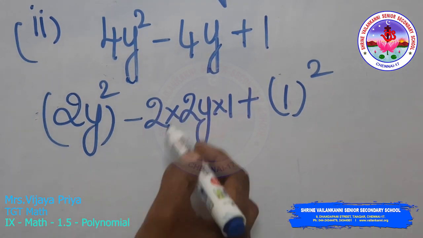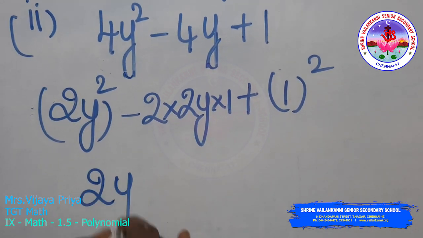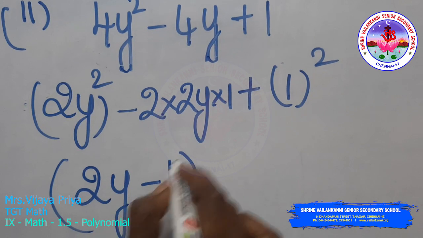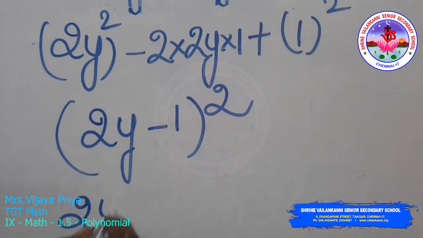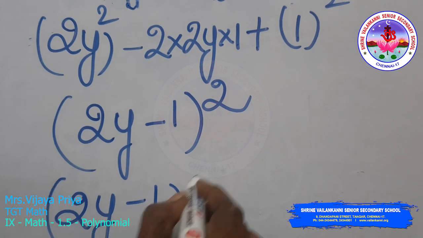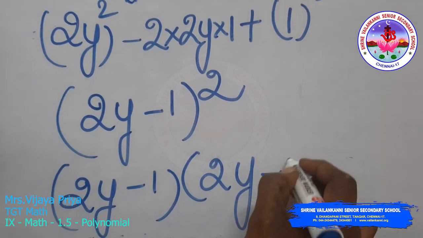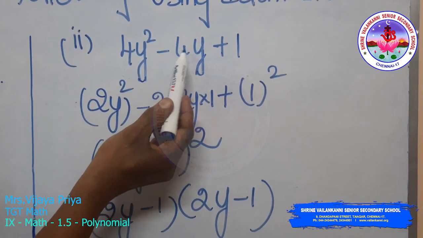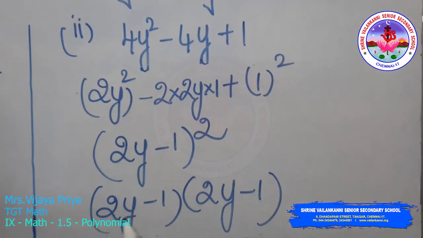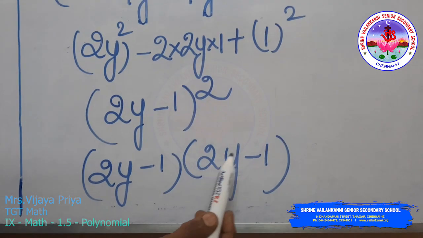This reduces to (2y − 1) whole squared, which can be further factorized as (2y − 1)(2y − 1). Hence I factorized the polynomial 4y squared minus 4y plus 1 as (2y − 1)(2y − 1).